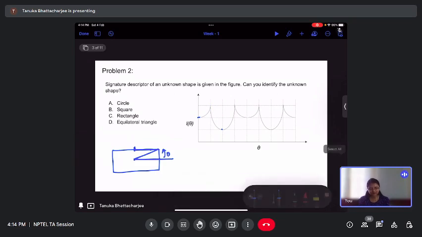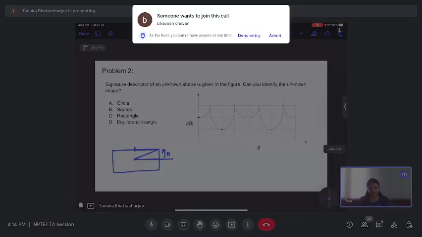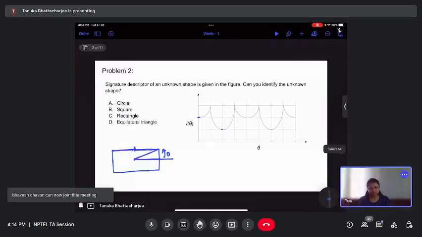Now, again you keep on increasing the theta value, and your distance keeps on increasing. This is for the longer side, and for the shorter side you get this part. So, when you are considering the shorter side you get these shorter semicircles, and when you are considering the longer side you get these longer portions.